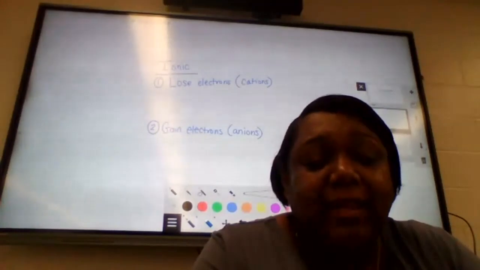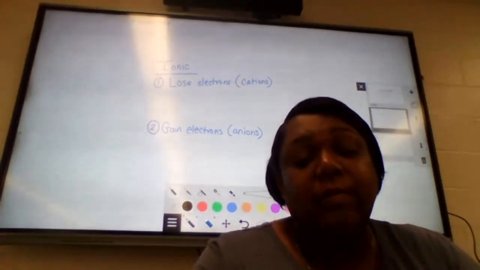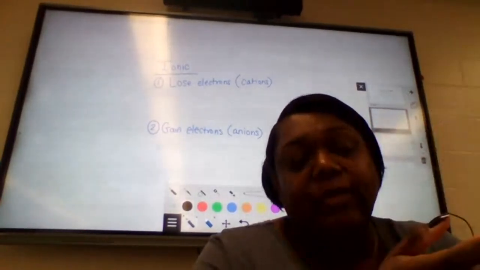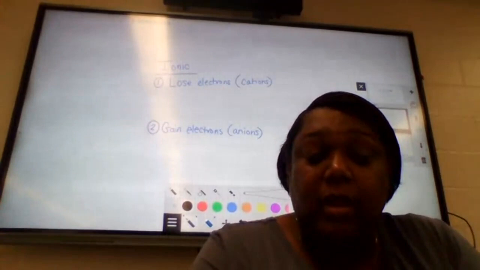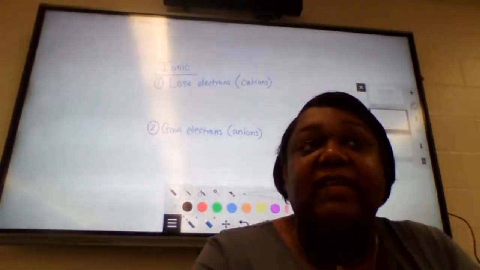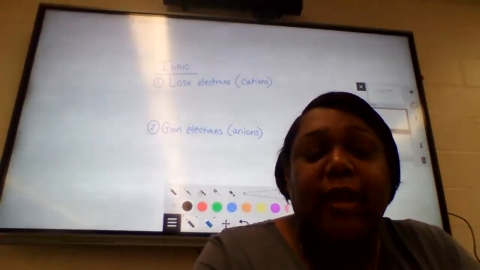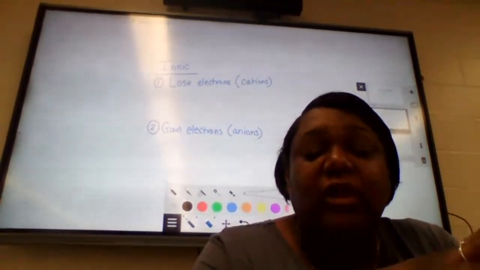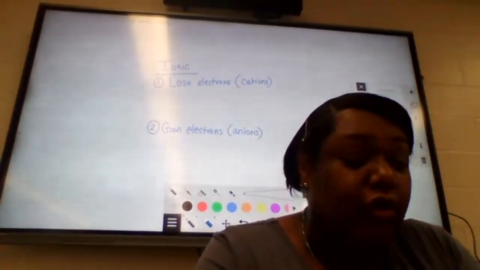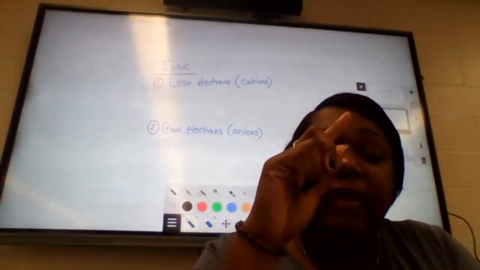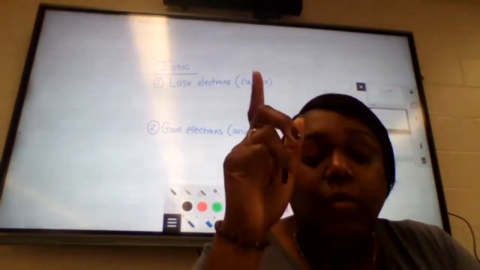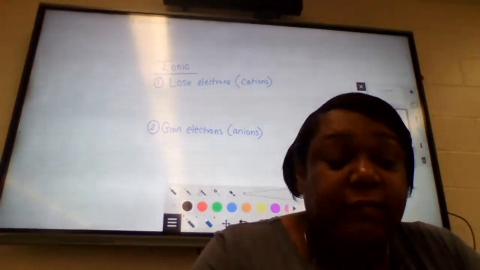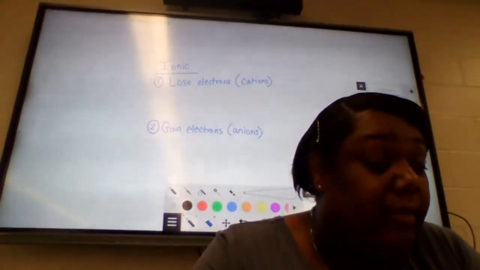So if I have 1 valence electron and I'm sodium, if I lose that 1 valence electron, that means that next energy level will now be full. And because it's easier for me to lose that 1 than it is to gain 7, I'm going to lose that one electron and end up with my positive charge. And when we say charge, we're talking about that number that you put at the top right that shows me how many electrons have been gained or lost by an atom to become the ion.